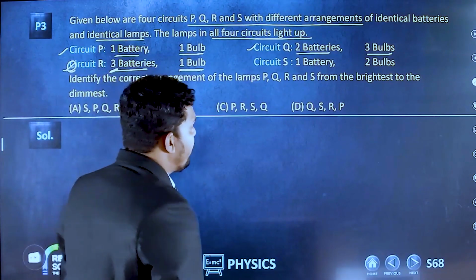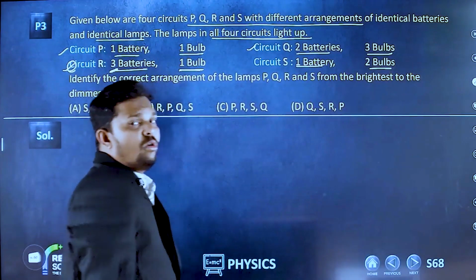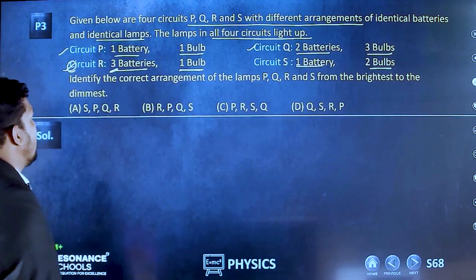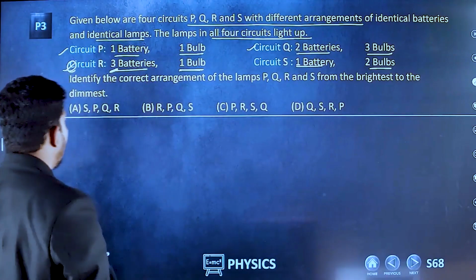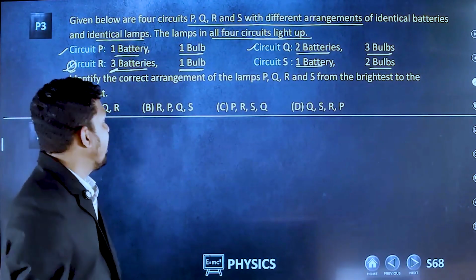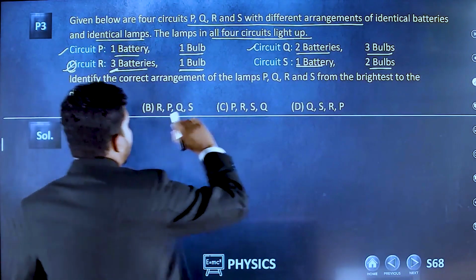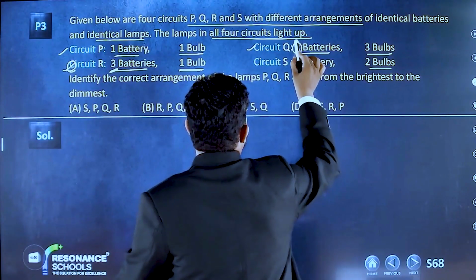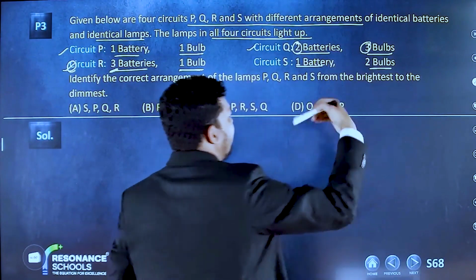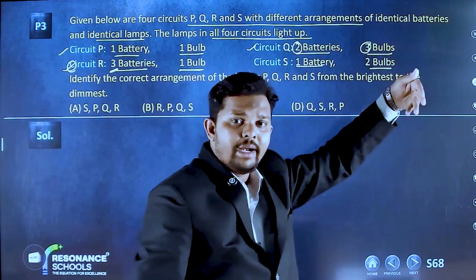And then after that we have 1 battery and 2 bulbs. One thing I can say: firstly I'll go with the 3 batteries and 1 bulb. If I have 3 batteries connected to 1 bulb, I get the highest brightness. Where the number of batteries is n and the bulbs are more, the brightness will decrease.